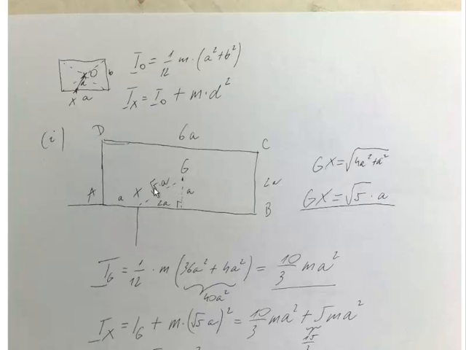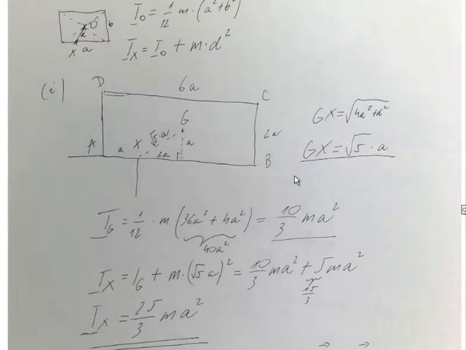And the moment of inertia when the axis goes through G is here. This is one side squared plus the other side squared, it's 40a squared, and simplifying by 4, we get this value.